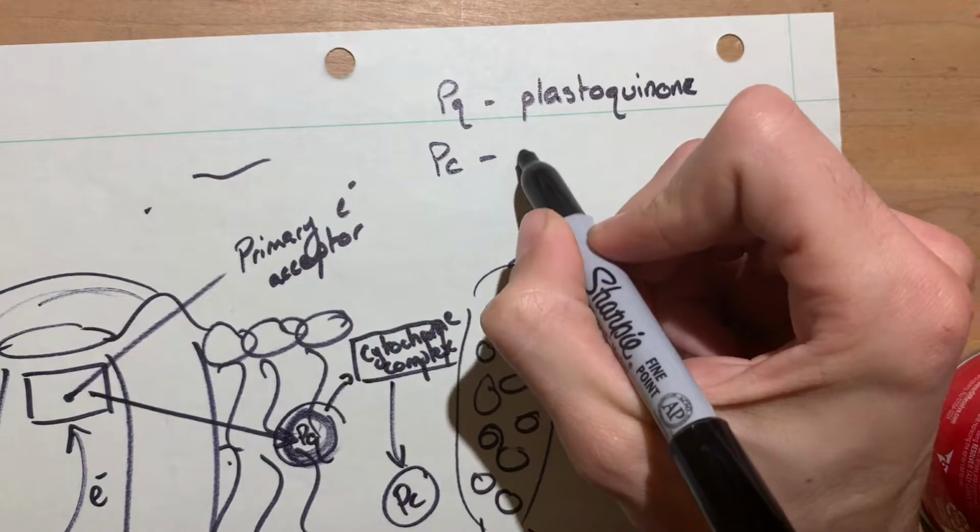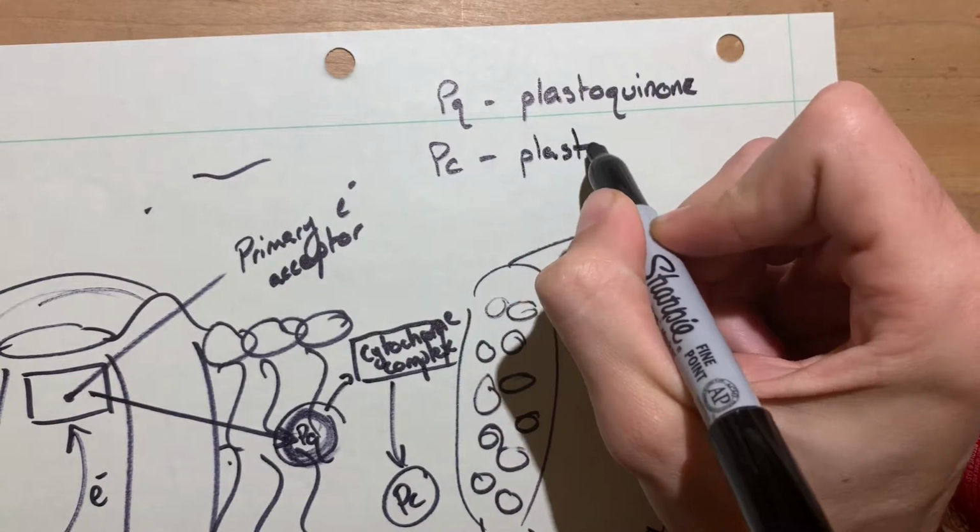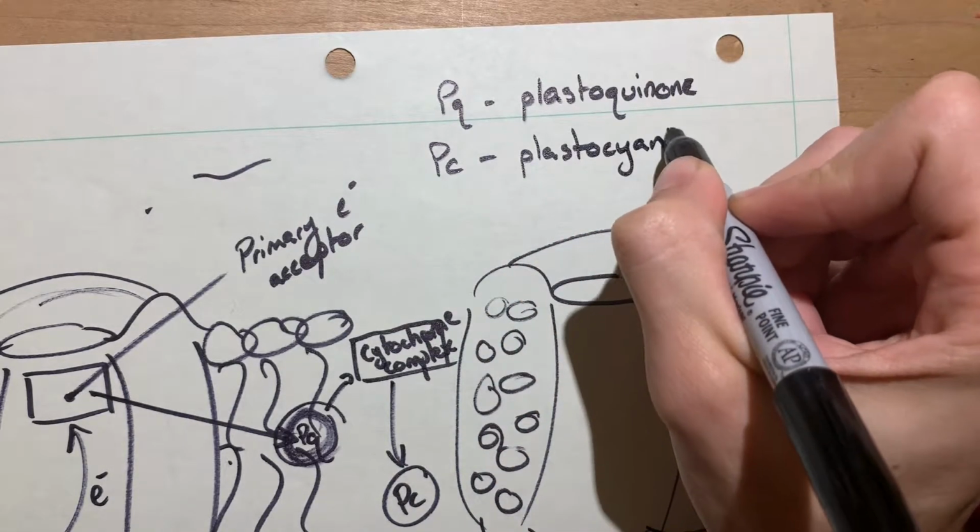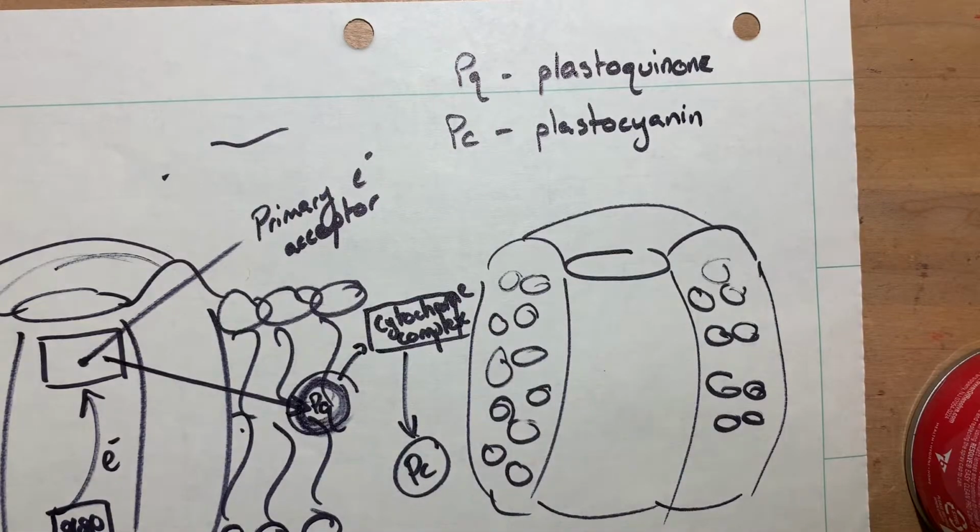And PC, this plastocyanin. Plastocyanin is a protein that is also part of the electron transport chain, and it transfers the electron between the cytochrome complex and the entry point of PS1.